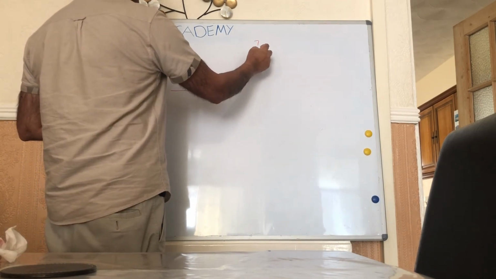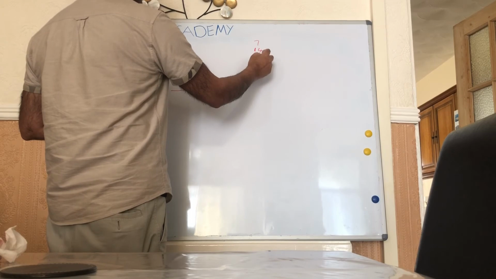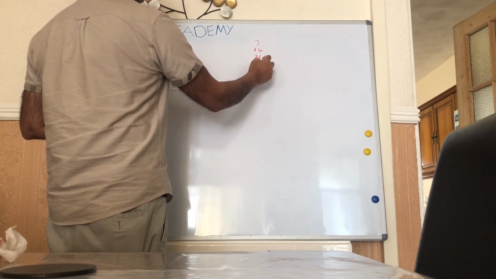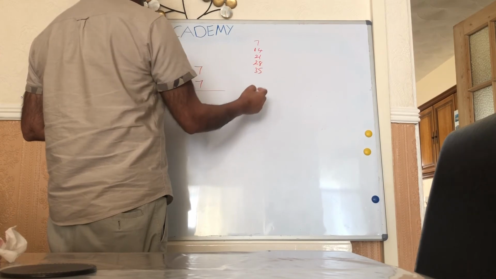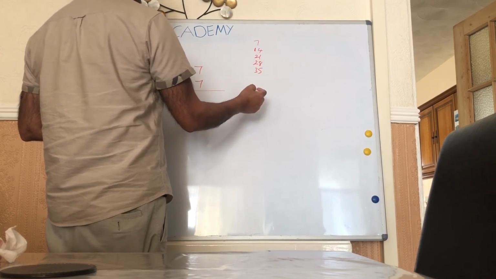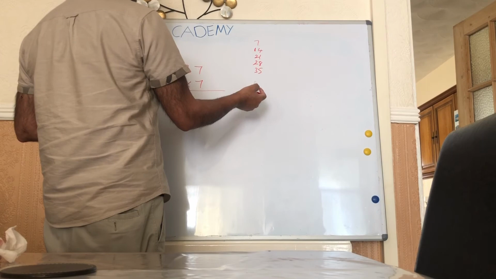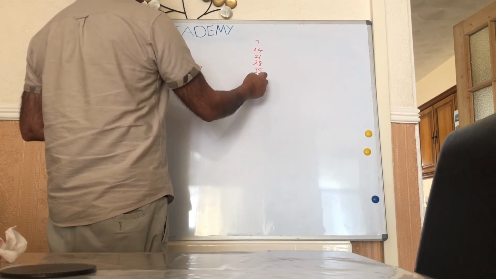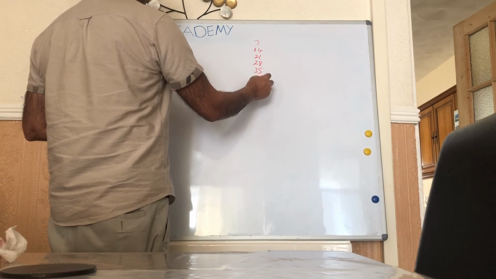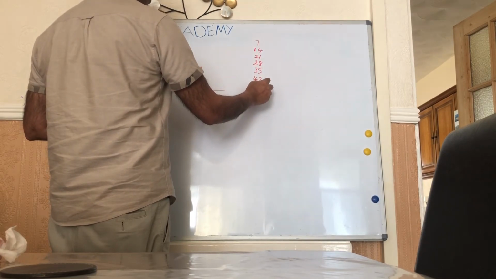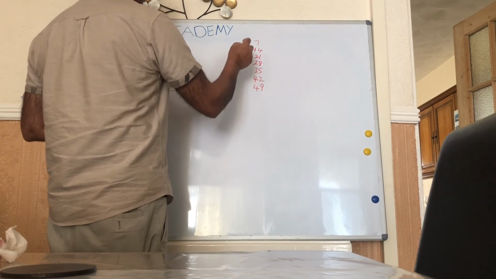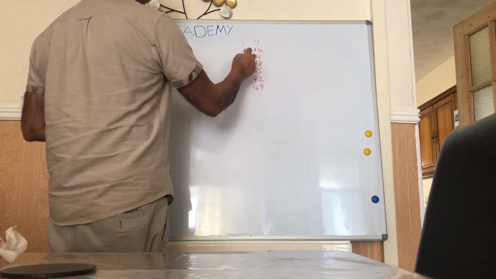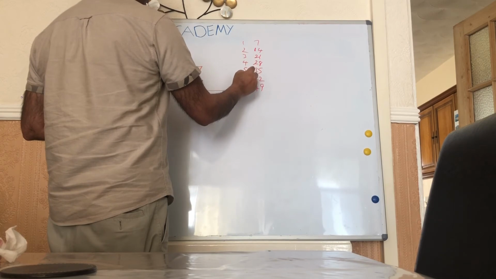7, 14, 21, 28, 35. Okay, so you can carry on. 42, 49, and then just write in 1, 2, 3, 4, 5, 6, 7.